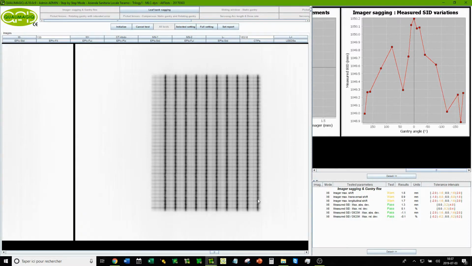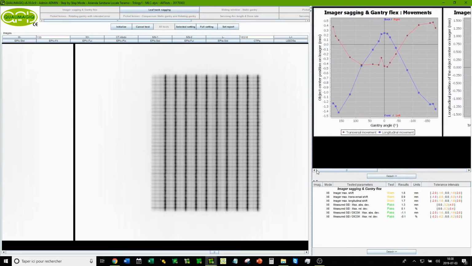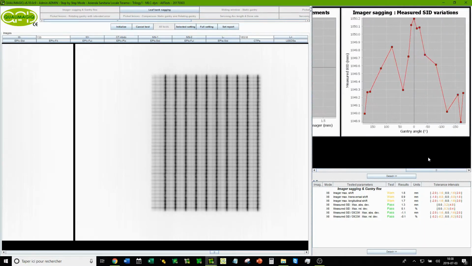Furthermore, with the lateral slits, poor handling of the source imager distance can lead to incorrect slit positions, not because there is a problem with the MLC, but because the source imager distance varies during gantry rotation. Thanks to the pretest, we determine portal imager sagging, gantry flex, and the variation in source imager distance, all of which we will apply to correct all of our measurements.